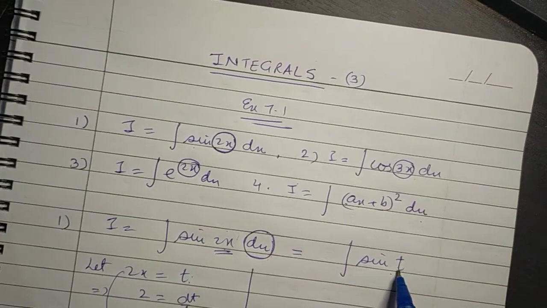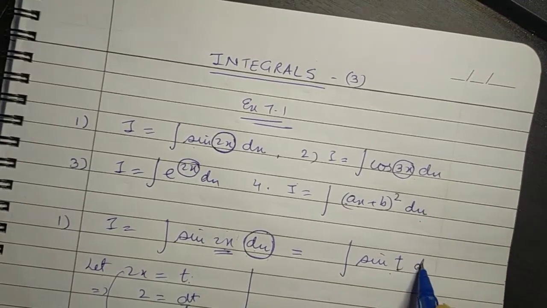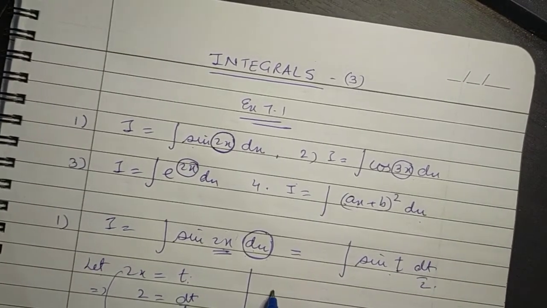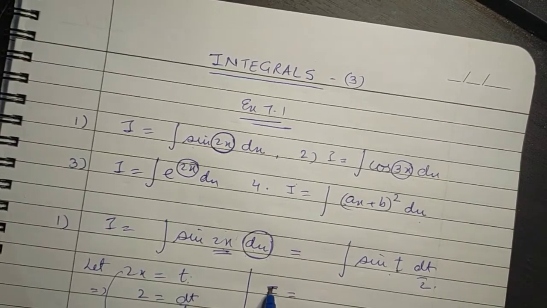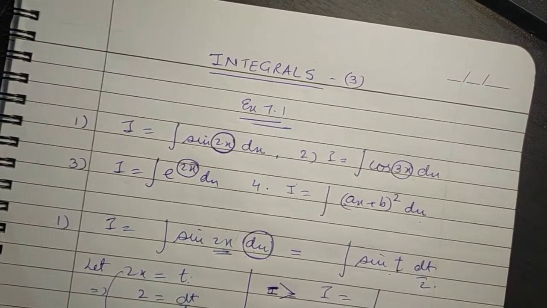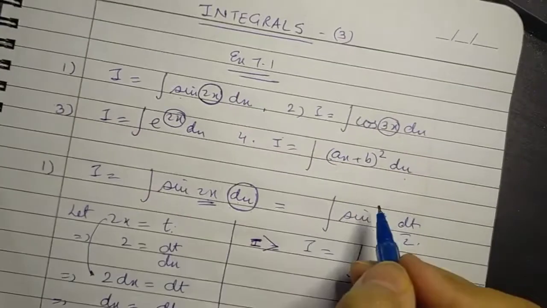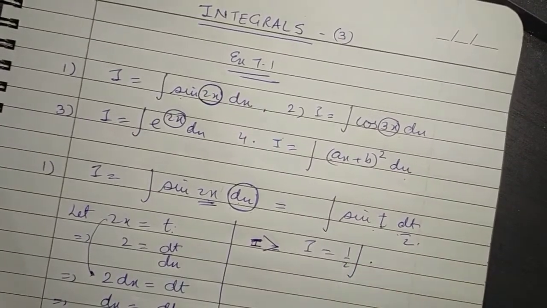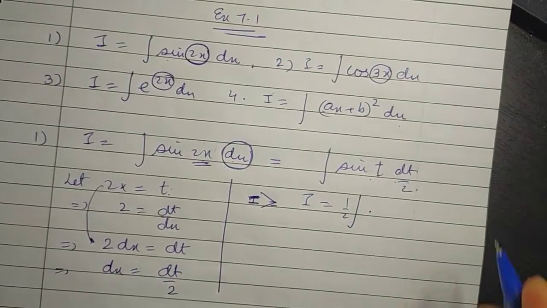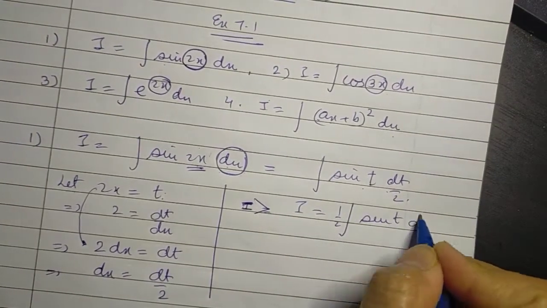Substituting, in place of dx we write dt by 2, and so we get I is equal to, this being a constant can come outside the integral, half of sine t dt.